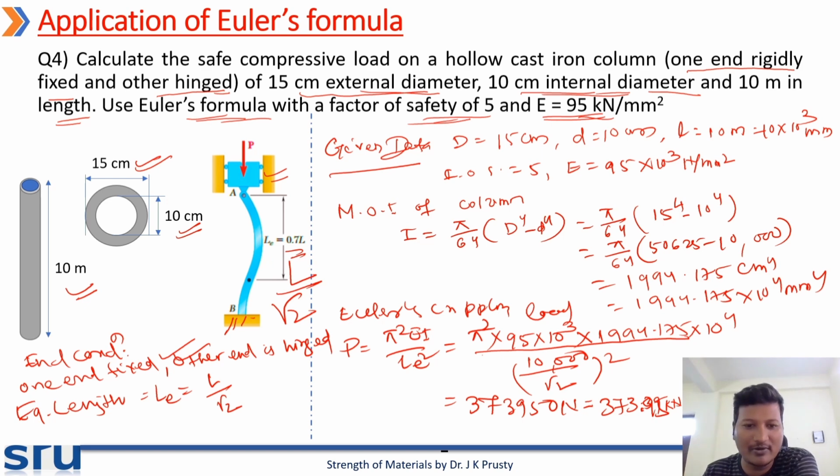The formula for safe load is crippling load divided by factor of safety, which is equal to 373.95 divided by the factor of safety, given as 5.